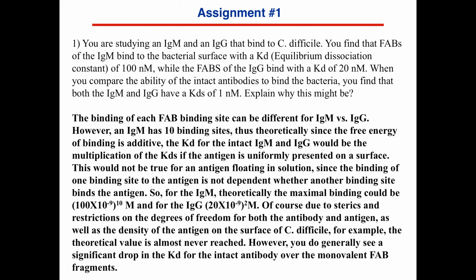And so the free energy of binding sites to an antigen on a surface would be additive. And so the individual monomers, for example the Fab fragments, which have one binding site, for IgM or IgG can have different dissociation constants.